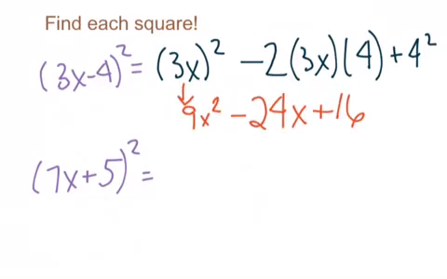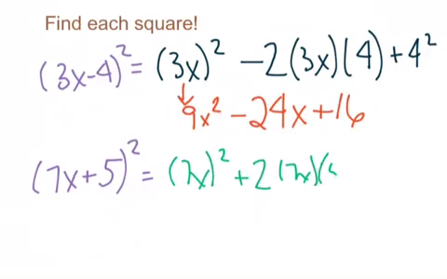Alrighty, let's do the same thing down here, although this time it's going to be an addition of finding the square. So we're doing the same thing here. Let's do 7x squared, okay, plus 2 times 7x times 5, plus 5 squared, okay? That's going to be 49x squared.